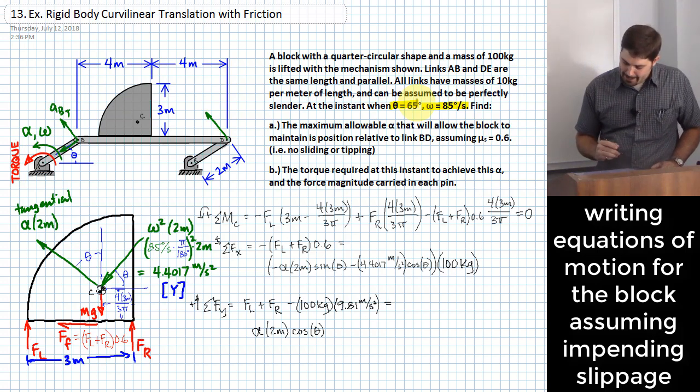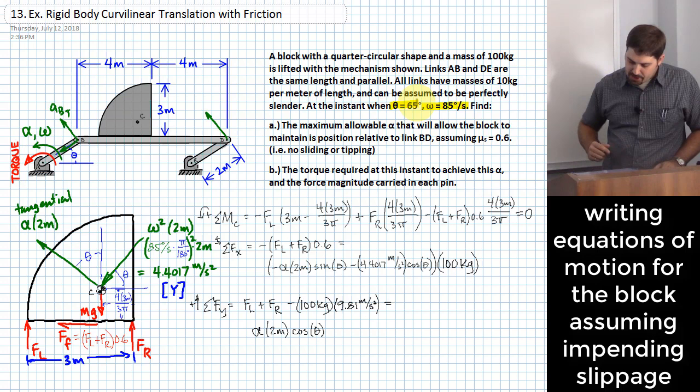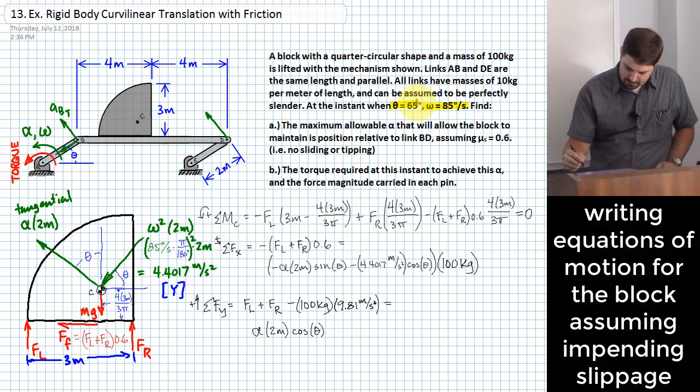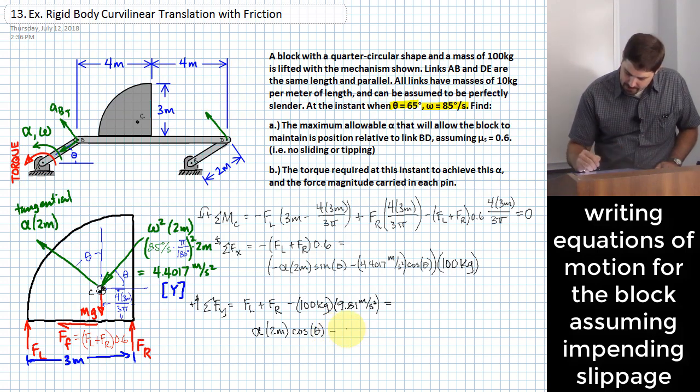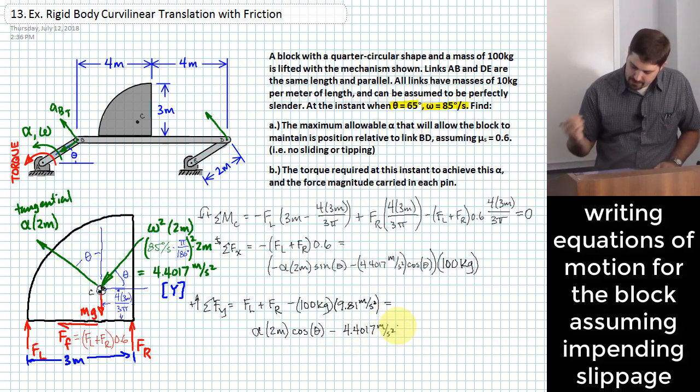That gives me my acceleration vertically due to that tangential component. Then what? Minus 4.4017 meters per second squared.